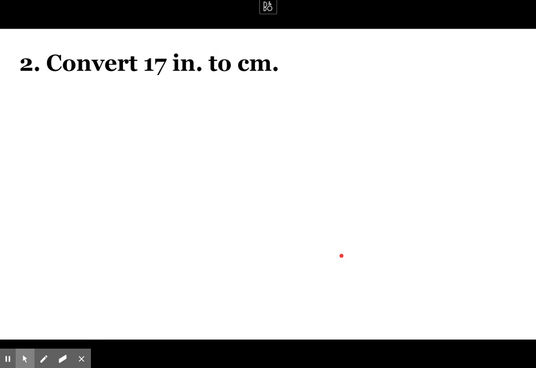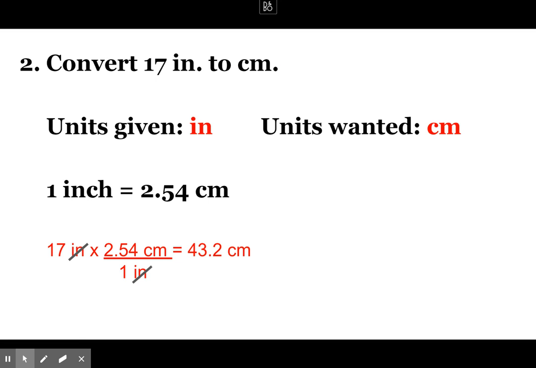So now we're going to practice converting 17 inches into centimeters. So our units that we're given, we are starting out with our inches. We're converting 17 inches. Our units that we want to end up in are centimeters. And from our warm-up, we know that in 1 inch, there is 2.54 centimeters.